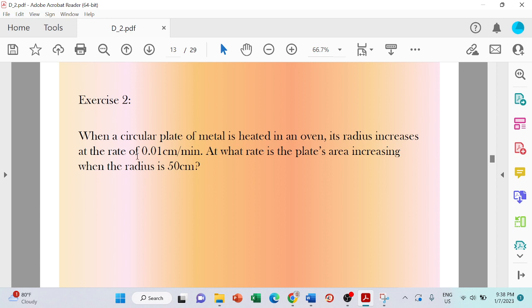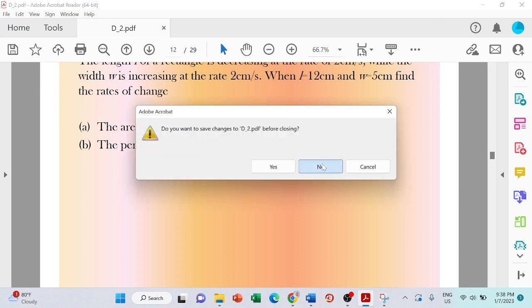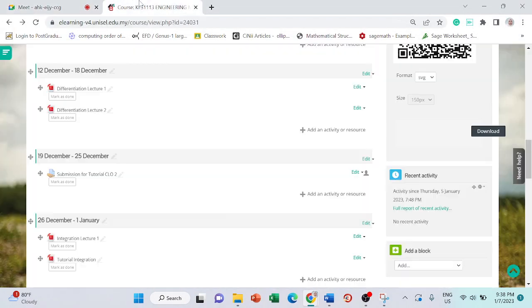Exercise 1 and 2 only. This one dalam slide. So slide tu yang mana bila you refer dalam e-learning, kita tengok dalam e-learning dalam this file differentiation lecture 2. So basically yang lecture 2 which is tonight is your application of differentiation.